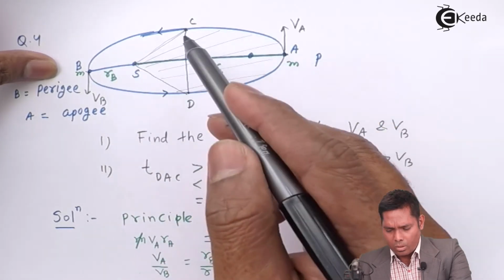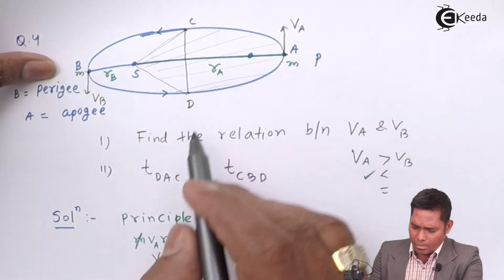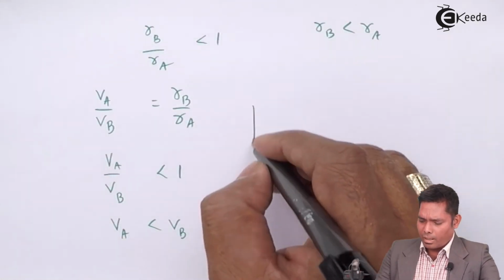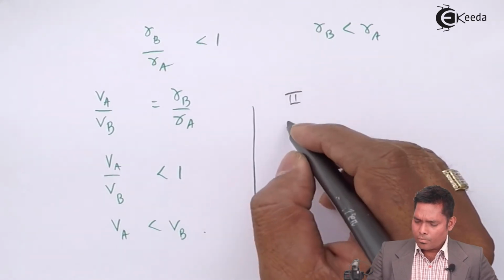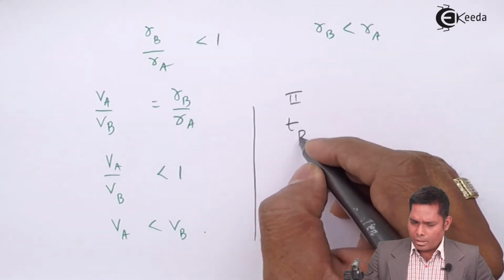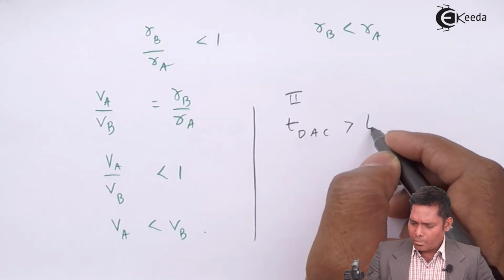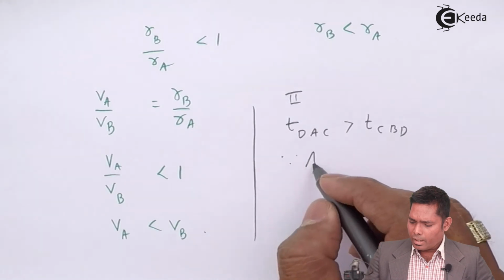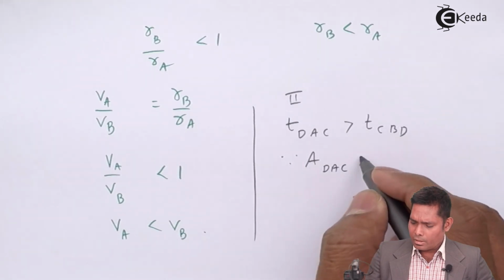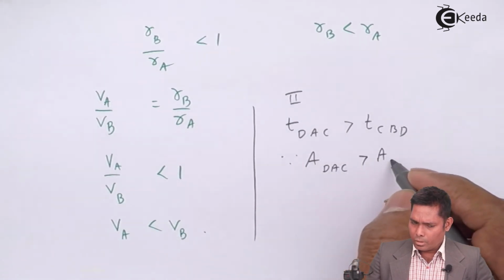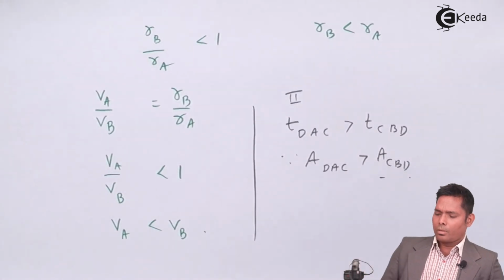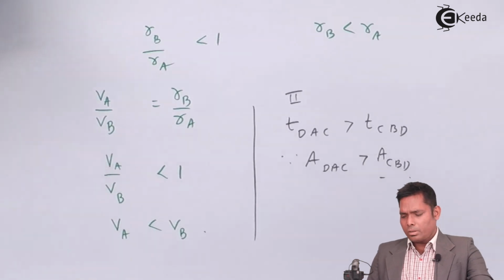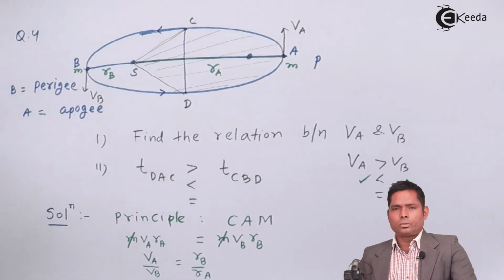This area is more, so this time is more, so the time for DAC is greater than the time for CBD. So for the second part of the question, the time taken for DAC is greater than the time taken for CBD, because the area in the case of DAC is greater than the area in the case of CBD. Okay, so this is the answer to this question. Thank you.